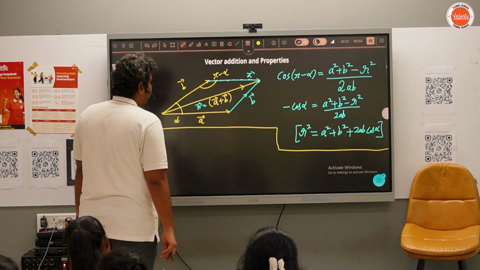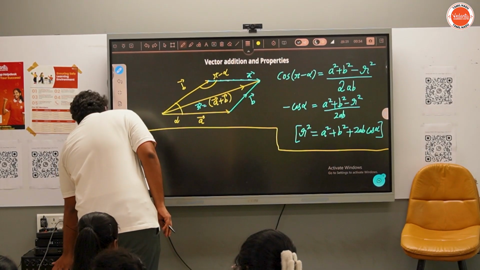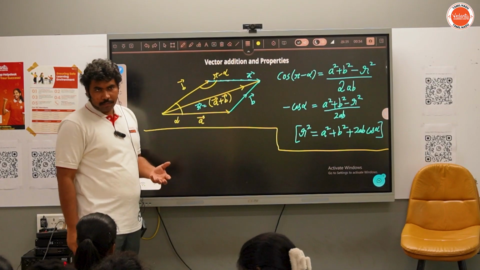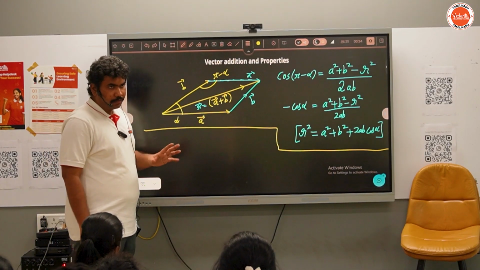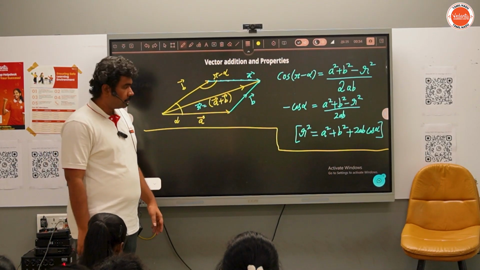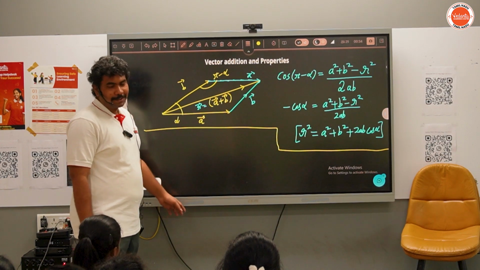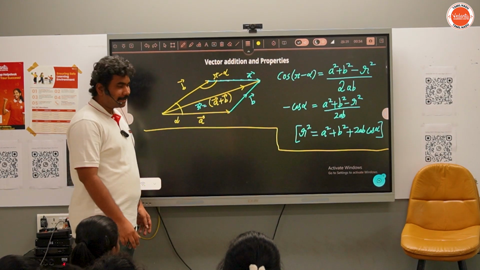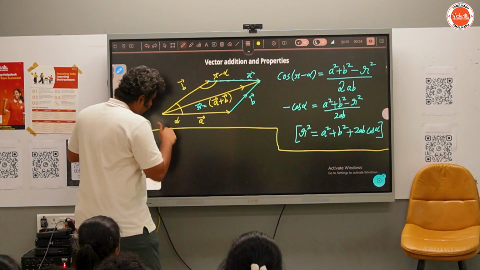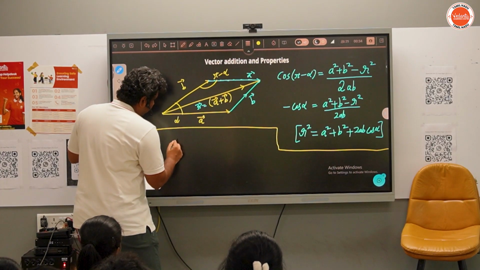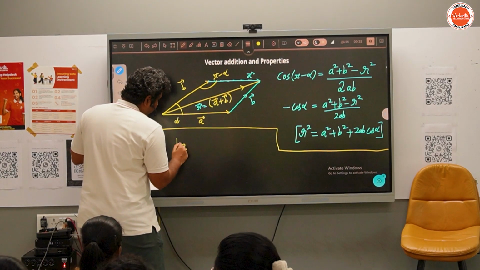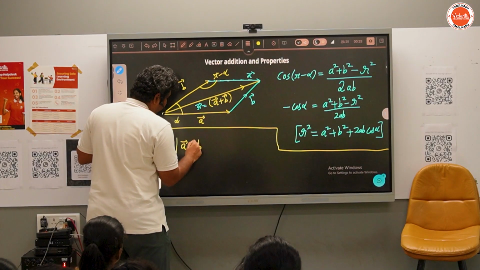Now there are some properties you need to know. Most of the properties we know already. Properties of addition, whatever applies for numbers will also apply for this. Now we have a very important rule, modulus of a vector plus b vector.